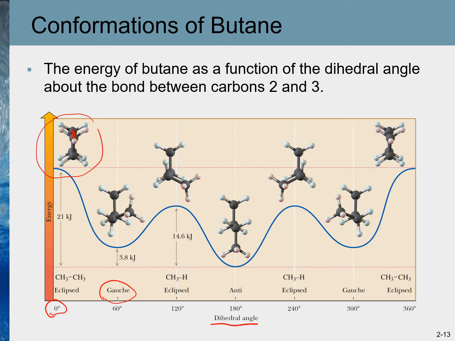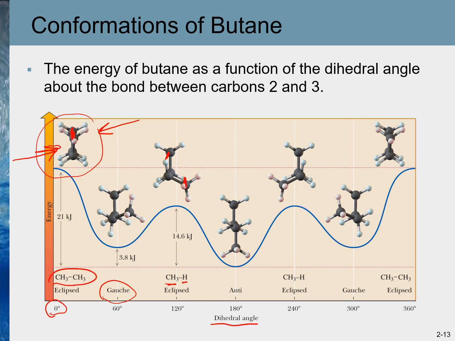about 60 degrees will again make this conformation eclipse again, but in this case methyl and hydrogen groups are eclipsed to each other, not methyl-methyl. Remember, methyl-methyl eclipse is the most unstable. So in this case the eclipsing is between methyl and hydrogen, which is again unstable but not as unstable as the methyl-methyl eclipsed.